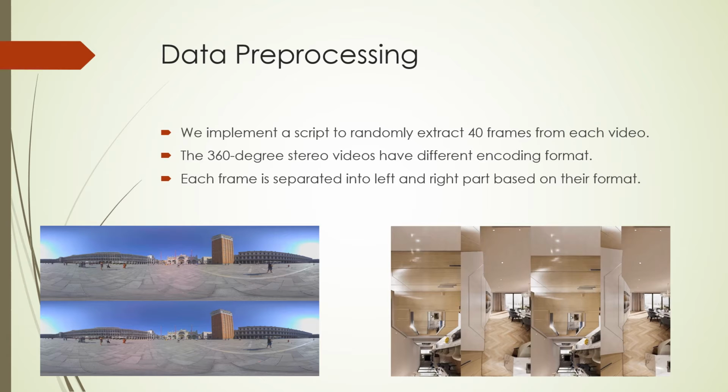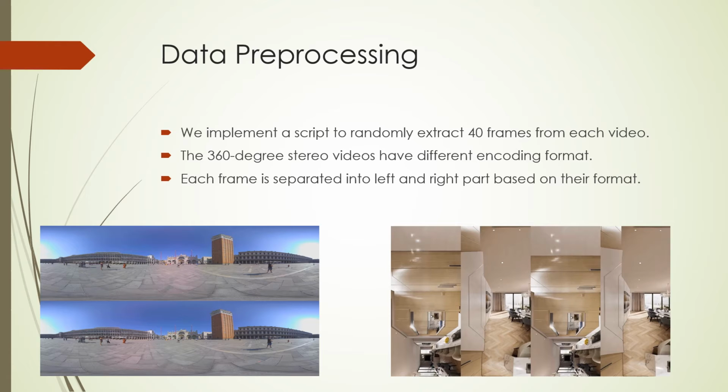So basically, the script we wrote needs to check which format the video is using. If it's using the format on the left side, then it will cut each frame in half horizontally, and the upper half will be used as the data for the left image, and the lower half will be used as data for the right side image.